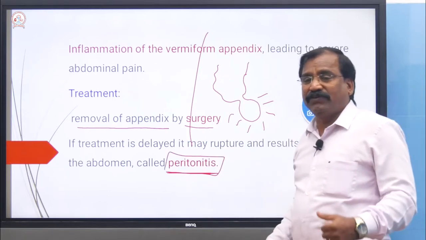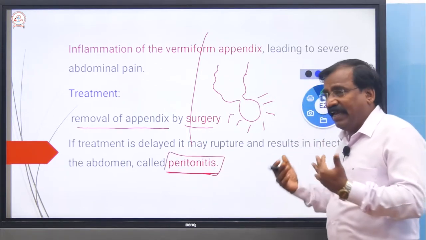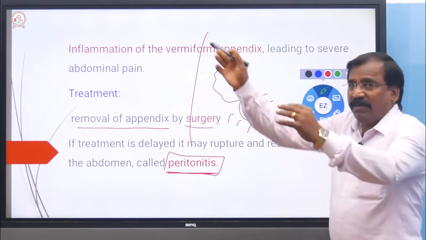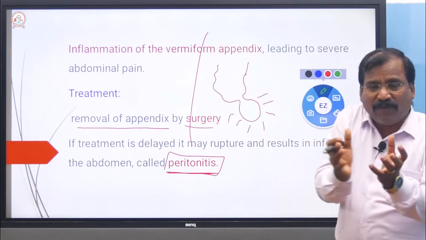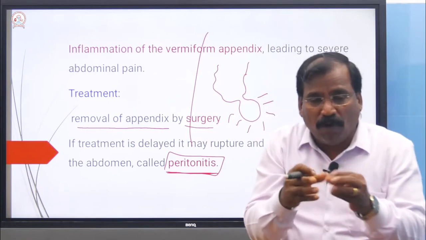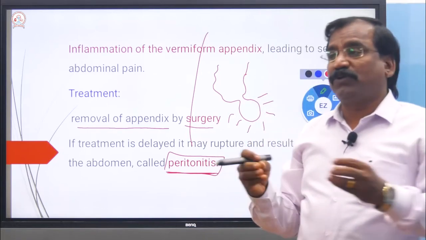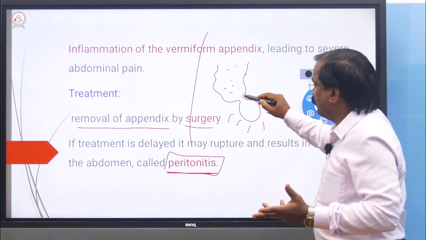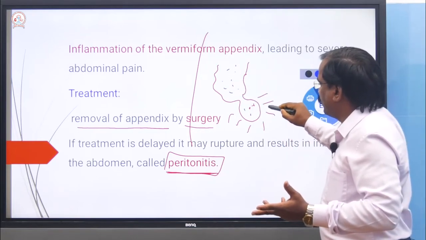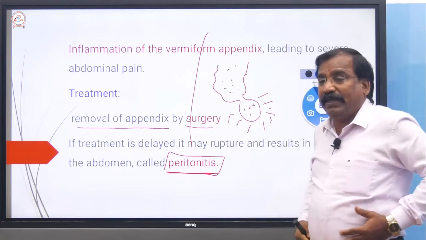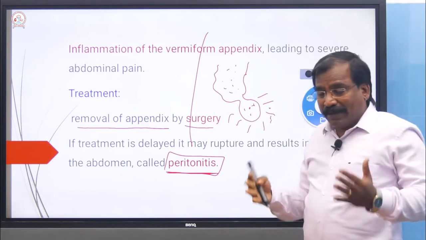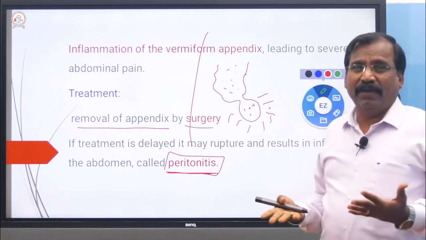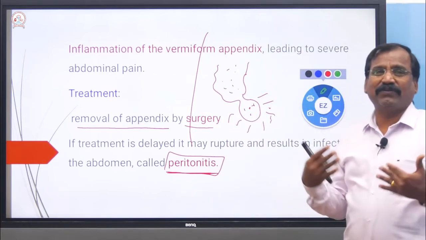If the surgery is delayed, it swells further and further and bursts. So the fecal matter, the undigested food materials from the large intestine, contaminate the body cavity, the peritoneal membrane, and that causes infection.